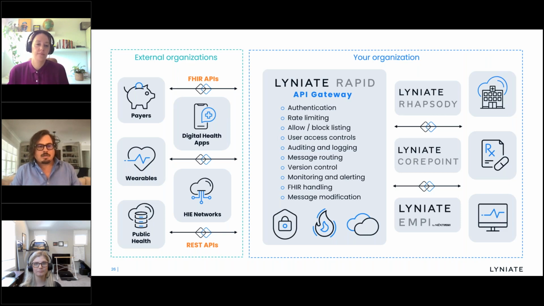And in between, if you want to have a single place to manage the authentication and access control, you can put a gateway in place. And that gateway tracks where those users are coming from, and it can also provide protection so that attacks don't come in and overload the system. So you can control the way in which those APIs are called from outside of your organization.